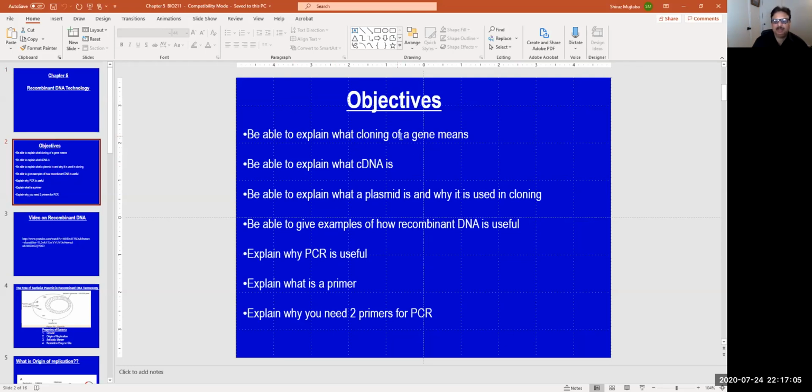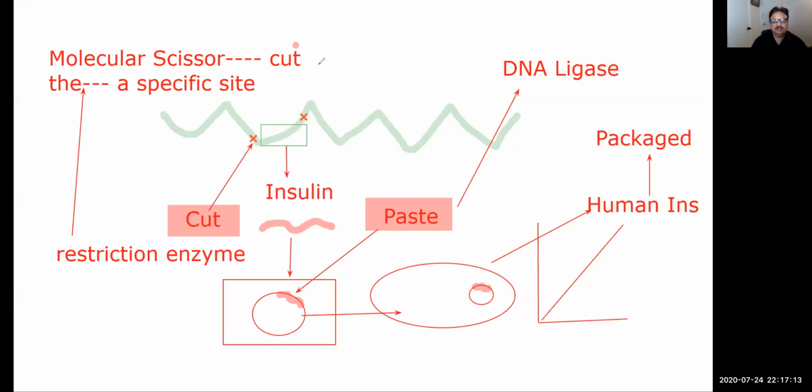To be able to explain what cloning of a gene is. So to go back to the whiteboard, what is happening? We created this fusion plasmid, and this plasmid was inserted into this bacteria.